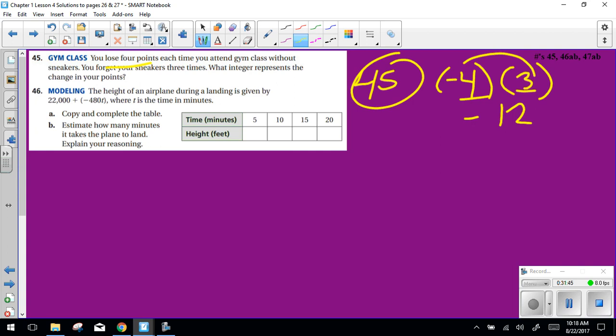So the height of an airplane for number 46 during a landing is given by 22,000 plus -480 times t, where t is time in minutes. Copy and complete the table.